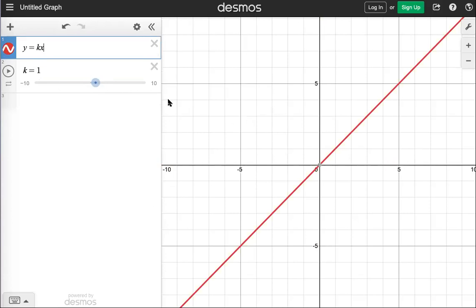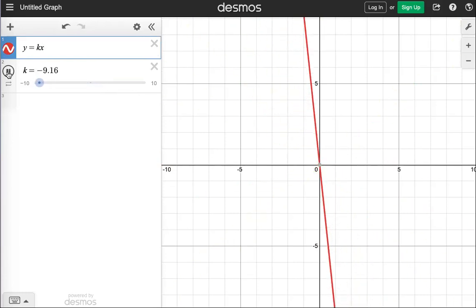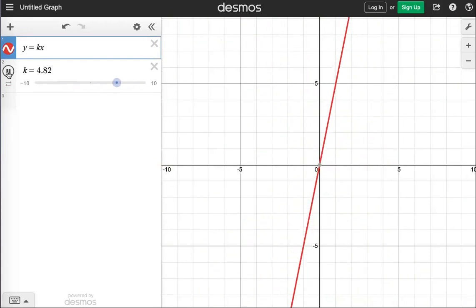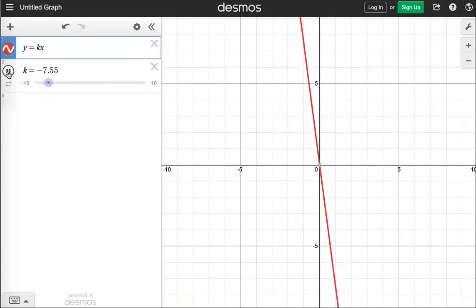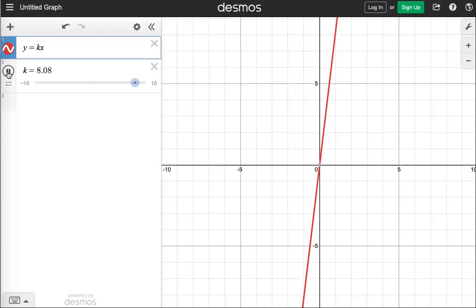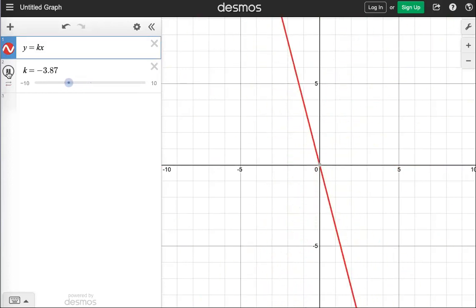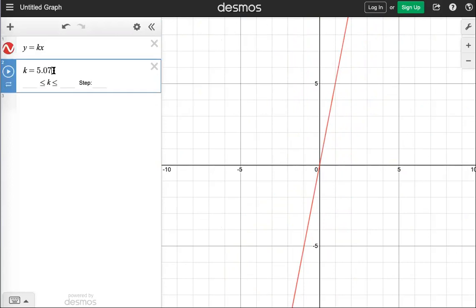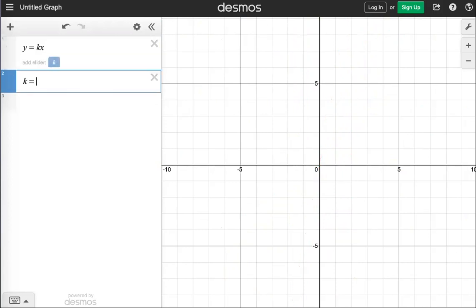And let's see what happens to direct variation when I change k. It's letting k vary between -10 and +10. So when k is very negative, you get this negative slope. But when k is positive like that, you would get a positive slope for your line. And if k is 0, which you are not allowed to do, you get a horizontal line, which is actually the x-axis when I look at it.